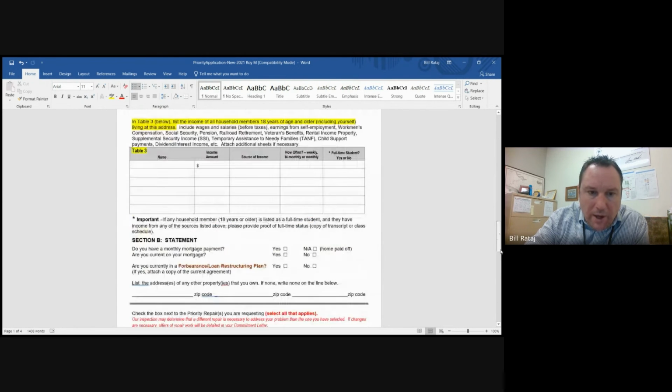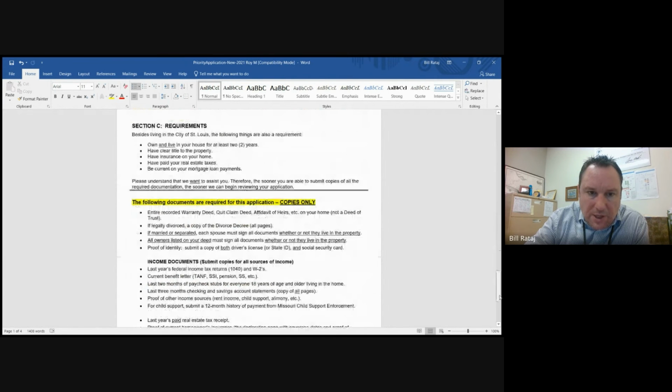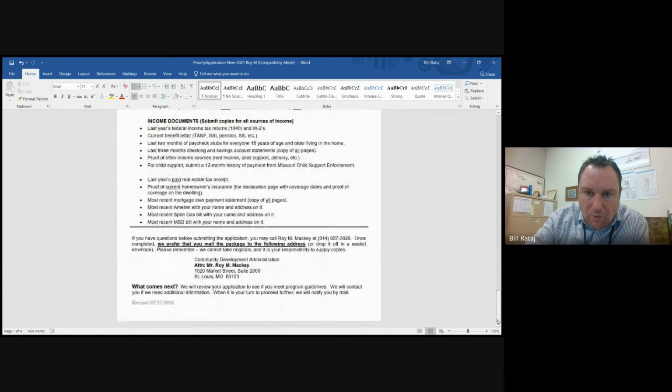Okay, so why do we need some of these documents and why do we care? Well, we care because HUD requires us to look at these documents. When they audit our files, they're going to check to make sure that we captured all the income sources, that we calculated the income correctly, and that the person did meet the income guidelines for the program.